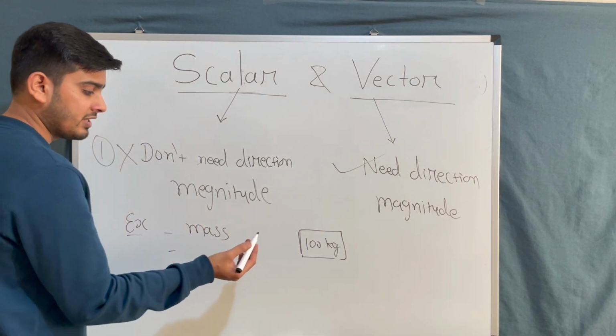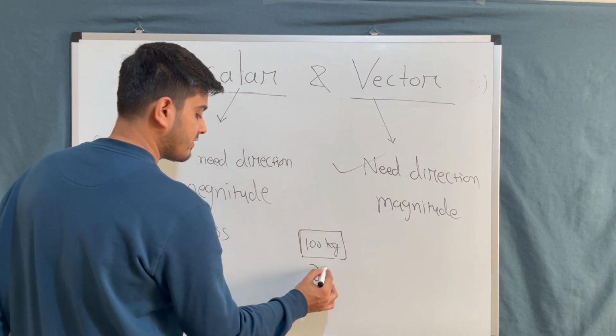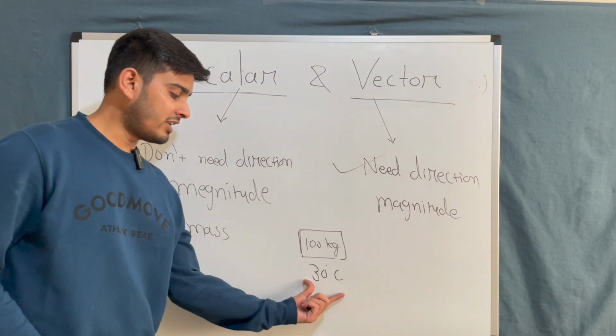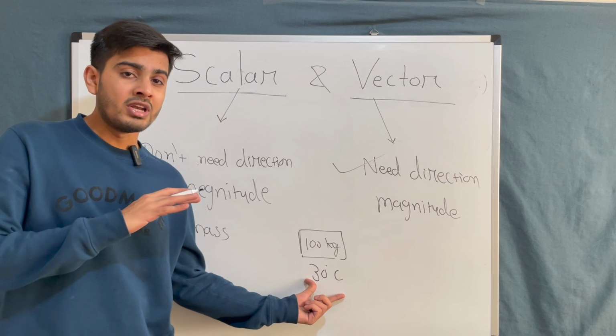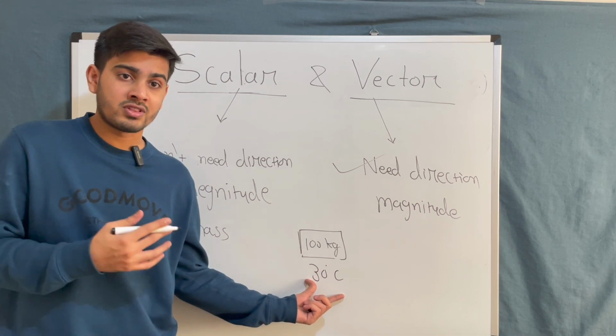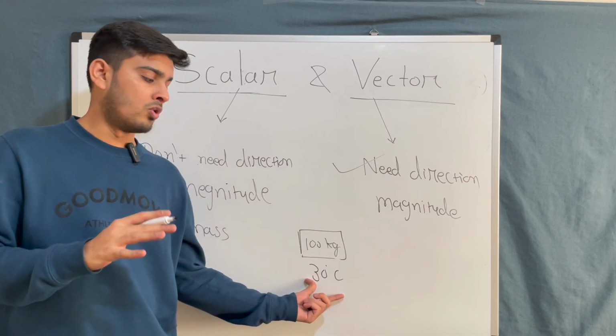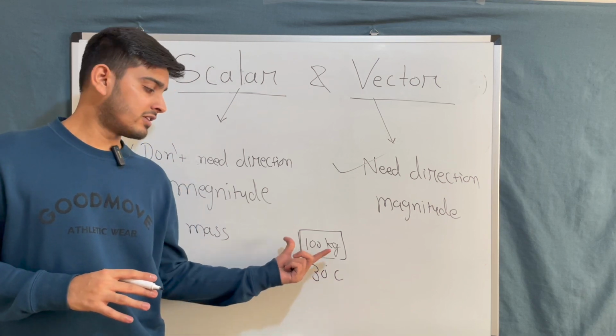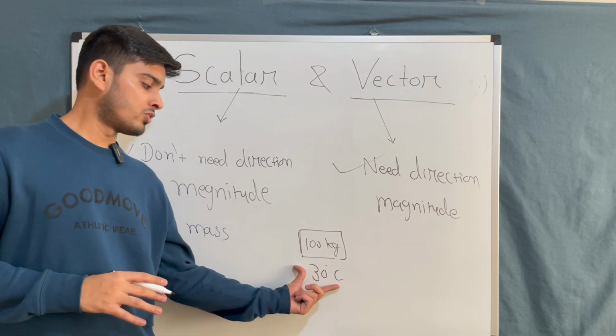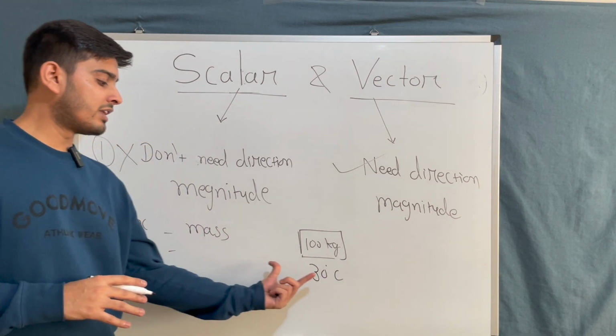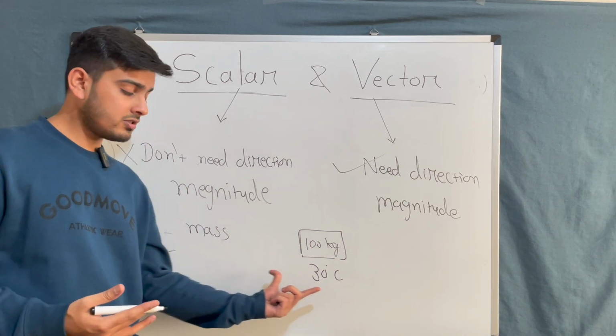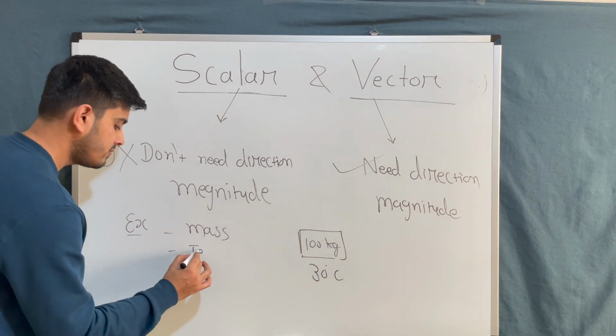Then temperature, let's say 30 degrees Celsius. For 30 degrees Celsius, we don't need direction. In which direction do we have 30 degrees Celsius temperature? No, just 30 degrees Celsius is complete information. So it's a scalar quantity, we can represent it without direction.